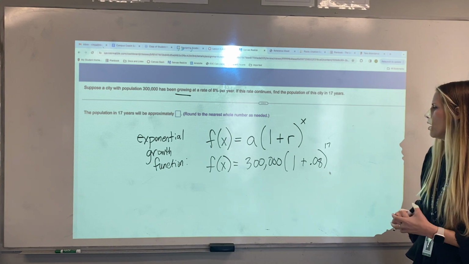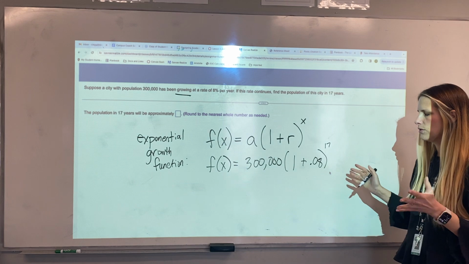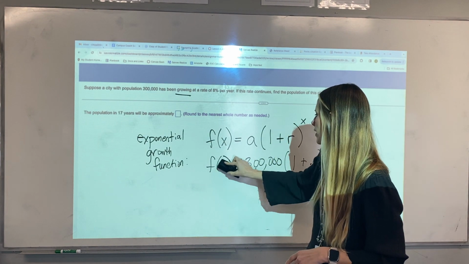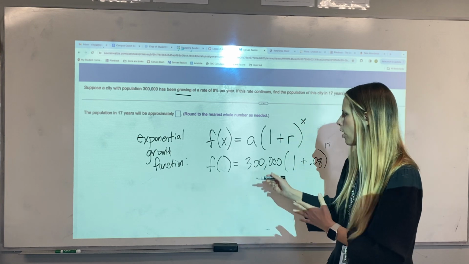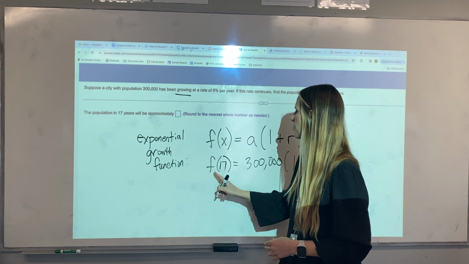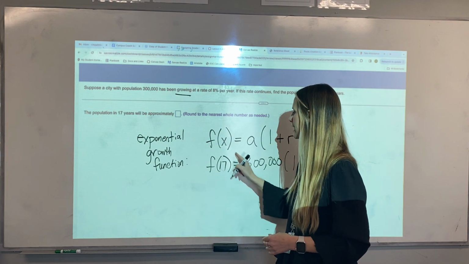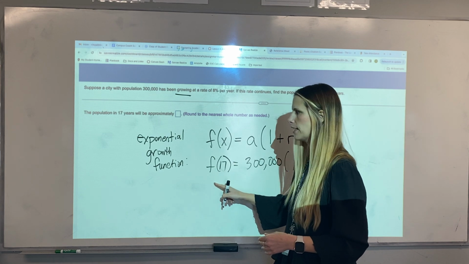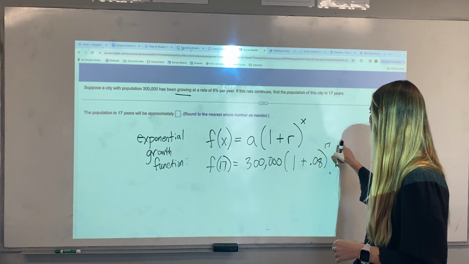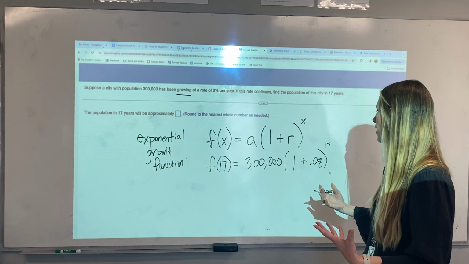Now you don't have to do this, but it's good practice to show that since you are inputting 17 years, we represent that in our function notation by saying the function of the input 17, meaning what we're going to get out of this machine when a 17 goes in is going to be this calculation simplified, right?